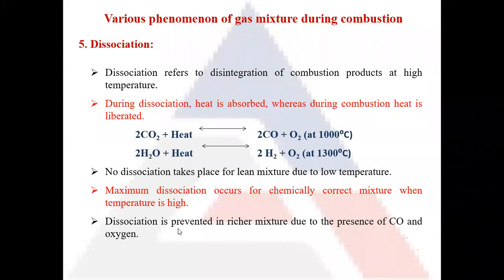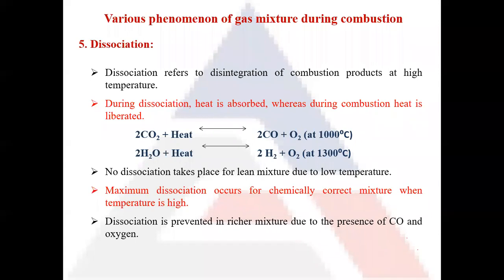And then in the richer mixture, dissociation is also prevented because there is more fuel and less oxygen. So this means incomplete combustion of fuel will take place, because of the presence of carbon monoxide and oxygen from this incomplete combustion.